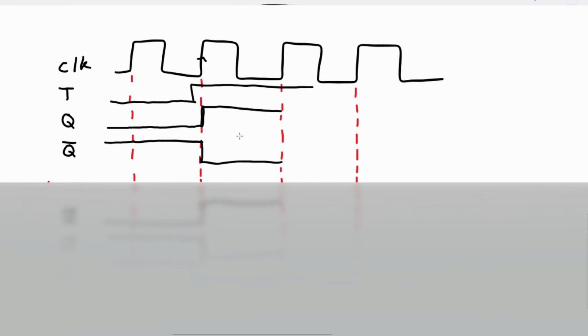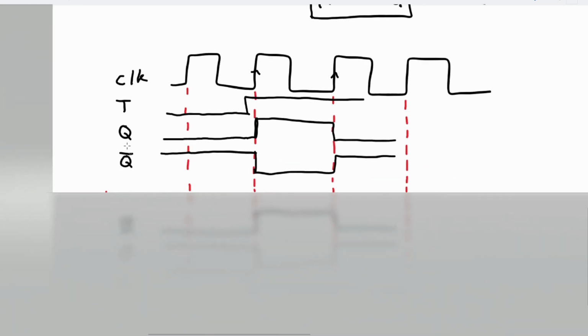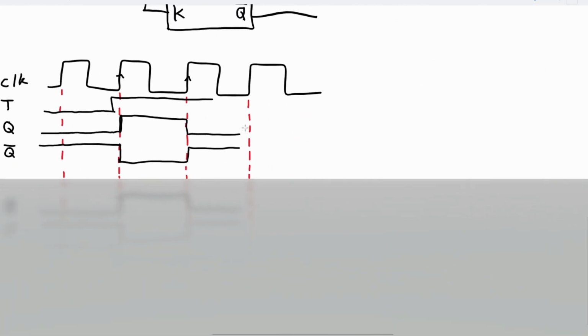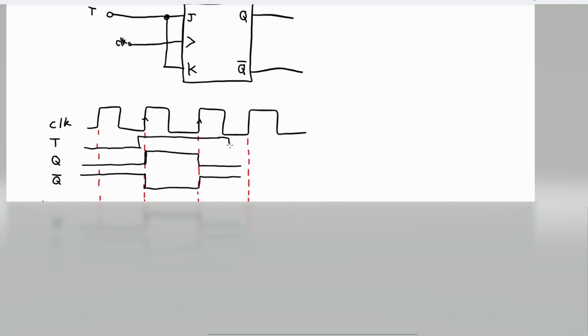So let's go to our next rising edge here, and T is still 1, so they're just going to flip-flop again. Don't forget Q and Q bar are always opposites. They're basically mirrors of each other. And let's just say that T goes low here, and these are just going to stay the same.